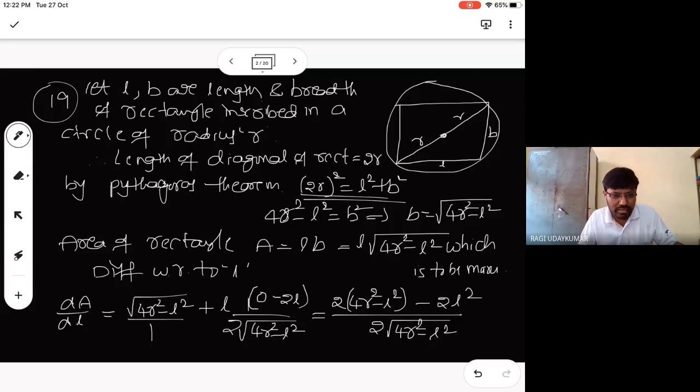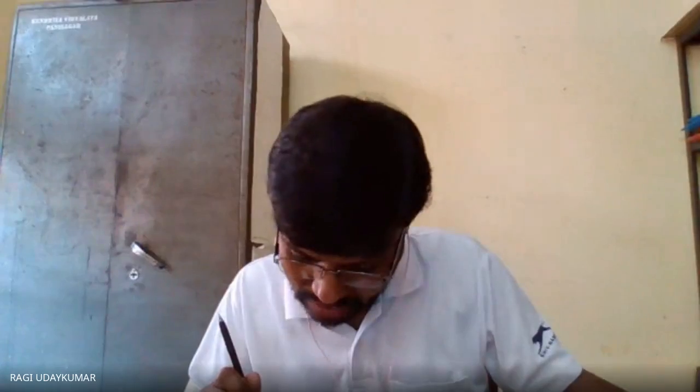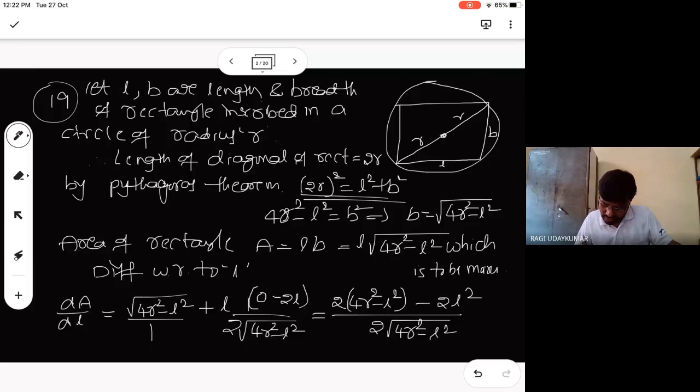And you have to simplify this. After simplifying, in the next step, take 2 common and cancel the 2; 4R square minus 2L square will come.